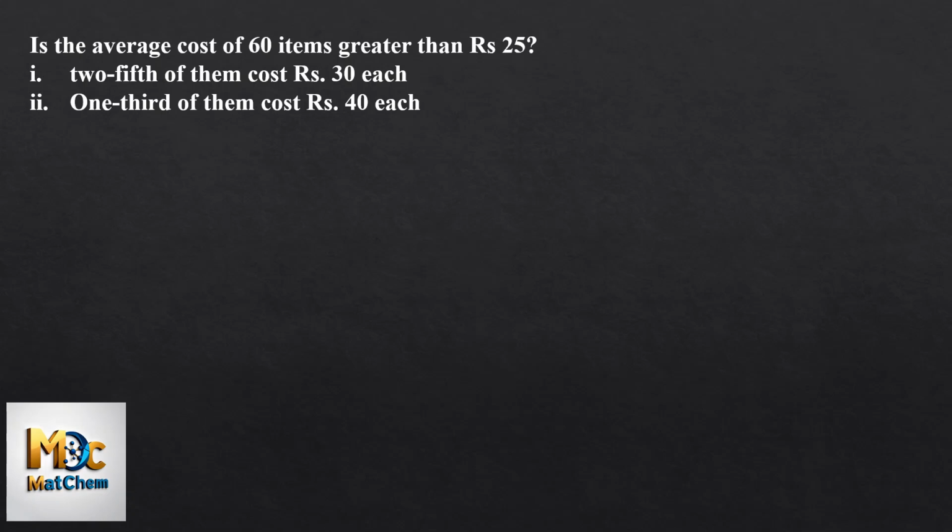That means if the average cost of 60 items is greater than 25, then the total cost of 60 items is greater than 60 into 25, which is equal to 1500. So rather than checking the average cost, we can directly check whether the total cost of 60 items is greater than 1500.